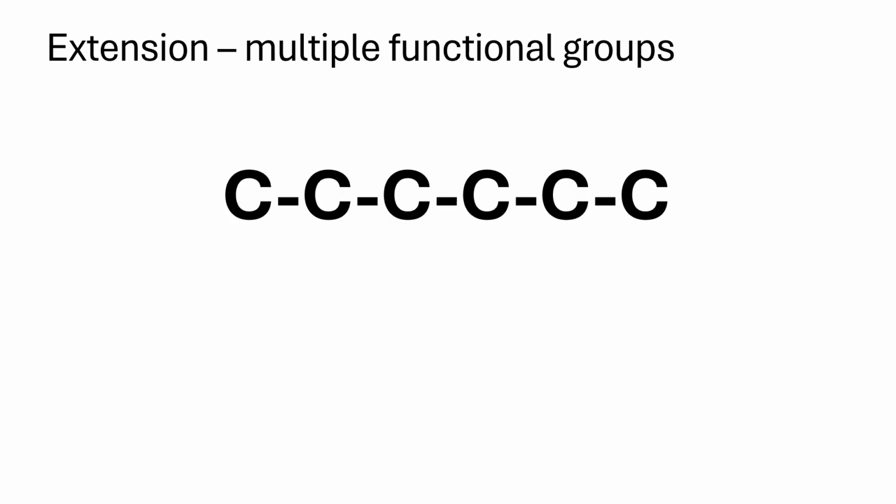For those of you who are really striving for the highest grade, there's an extension which deals with multiple different functional groups. So let's check it out. I've got 6 carbons in a row, and now you should be familiar with the C=C double bond. Now bromine is added into it along with an NH2 group.